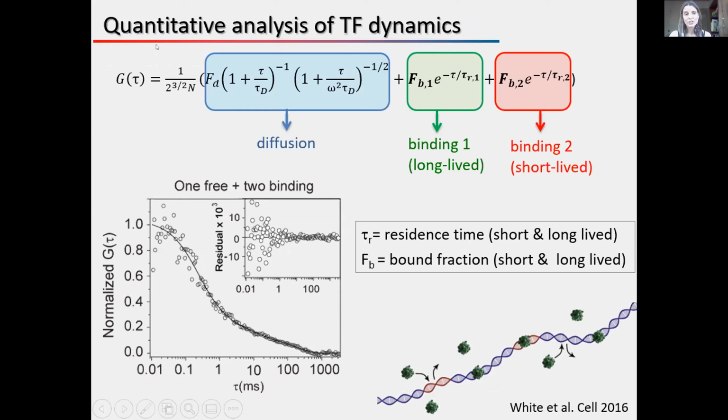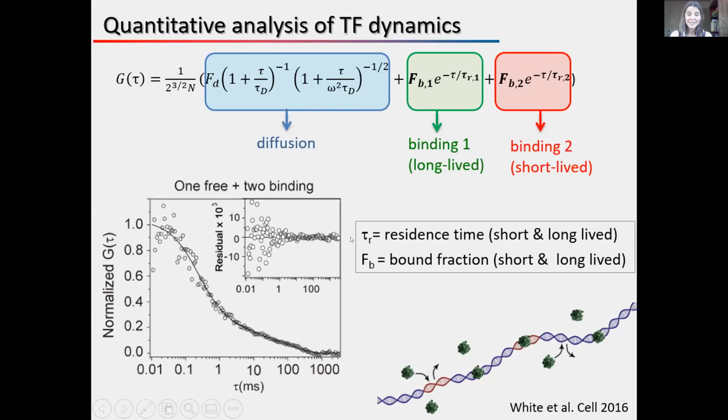In this autocorrelation equation, you have three different terms: one that accounts for the diffusion of the transcription factor in the nucleus, and two different terms that account for binding in the long-lived and short-lived time scale. By fitting this expression to the experimental data, here you can see one of these fits, you can obtain very nice parameters regarding the dynamics of the receptor.